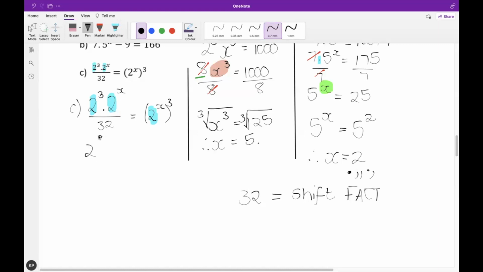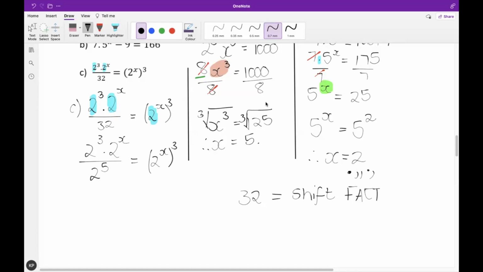Okay. So, now that everything is to the base of 2, do you guys see this is not that bad? Let's take one side at a time. I'm going to take the left-hand side. How many laws of exponents do you see here that we can apply? I have a multiplication, I have a division, but everything is to the base of 2. What do you think, guys? Let's start with multiplication.